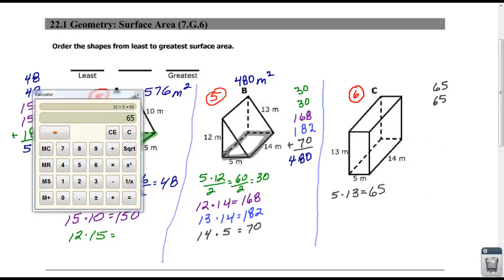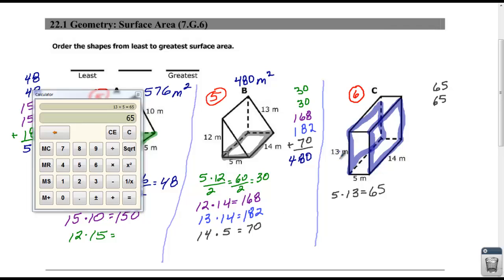Let's change up the highlighter color to that dark blue. And now we're going to find this part of the box, and it will be identical to that part of the box. They're on opposite sides of this rectangular prism. Again, holding that Kleenex box, opposite sides of the box. And those will be 14 by 13.